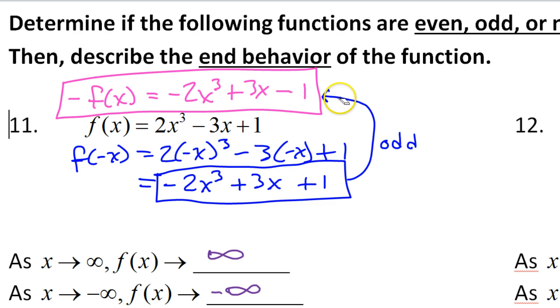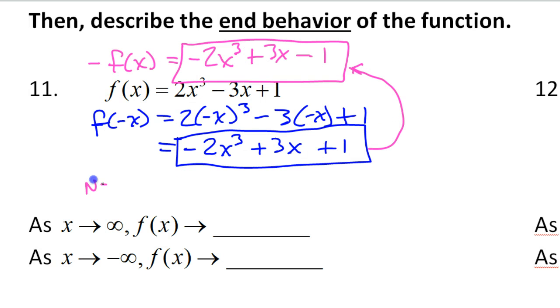So it's not odd either. So if it's neither even nor odd, then we just put neither. And that's how you prove it. That's how we would have to show our work.